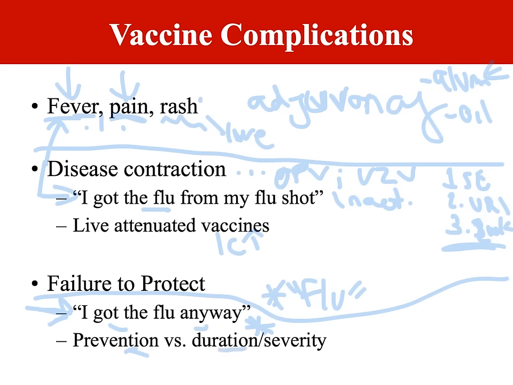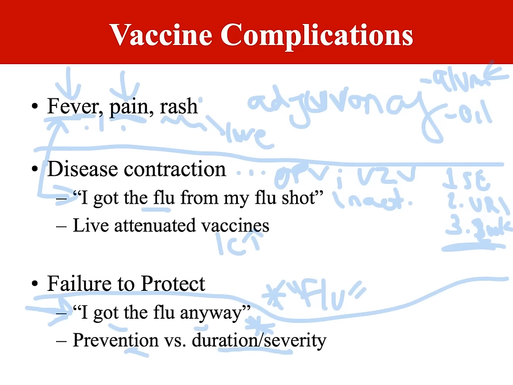Duration and severity is a really important point. You can have incomplete protection against certain infectious agents, and it's infinitely better than no protection at all. Because if it may not prevent you from getting the disease, but it makes it so that you have a milder case for a shorter amount of time, that's still good.